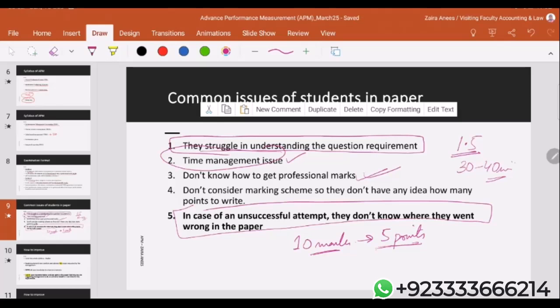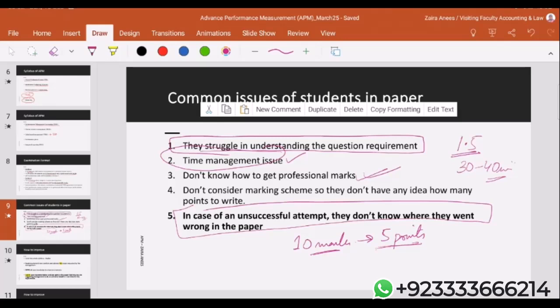That's extremely important because I have seen students who came up to me and said, "Ma'am, I have flunked the APM paper 3 times." When I asked, "Have you asked someone else to check your paper?" they said no. I generally believe that asking someone else to check your paper is extremely important, because if you are writing your answer, you generally cannot understand where you actually went wrong.